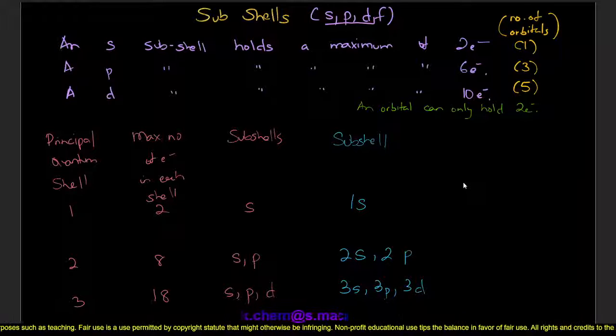As such, can we now go on to figure out how many orbitals are present in each shell? Alright, so let's look at the number of orbitals.